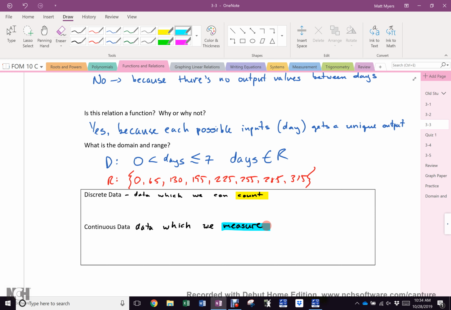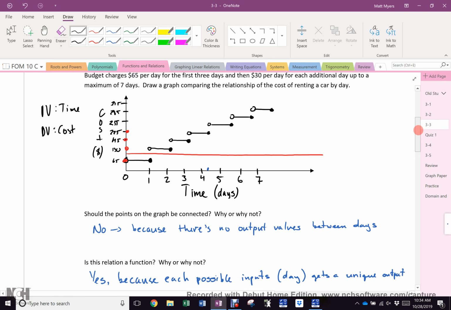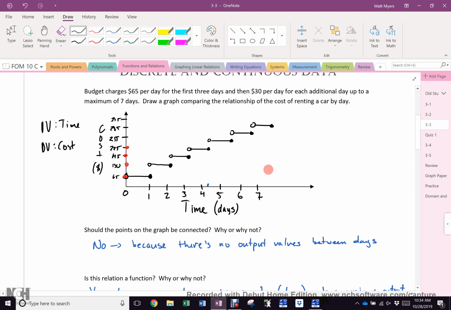Now, there's other stuff we can put in here. For example, in this graph we just did, there is this data for time, yes? And there is this data for cost, right? Which is measured? Time.